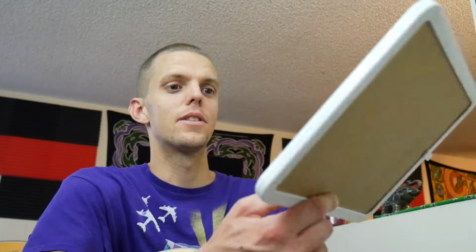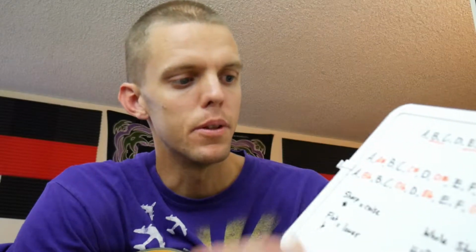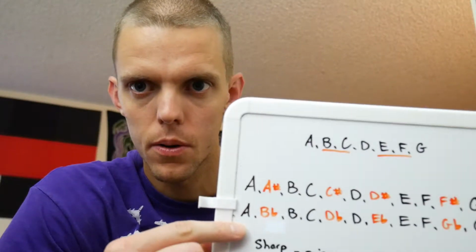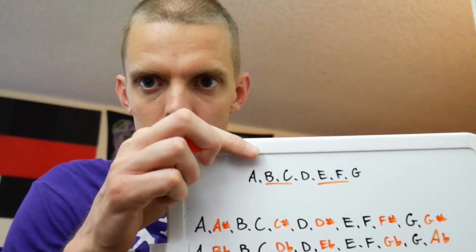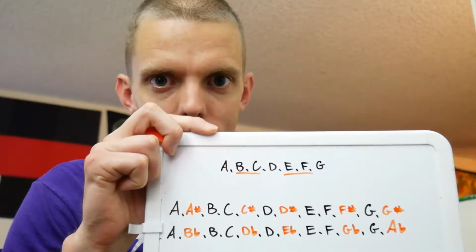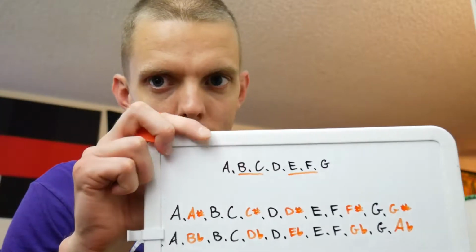Okay, so we are looking at the chromatic scale, which is just every note that exists. I'm just going to show you all the notes that exist in music. Okay, so in music you got A, B, C, D, E, F, G. Pretty simple, right?